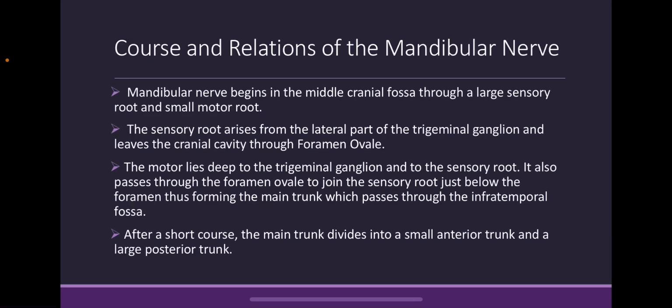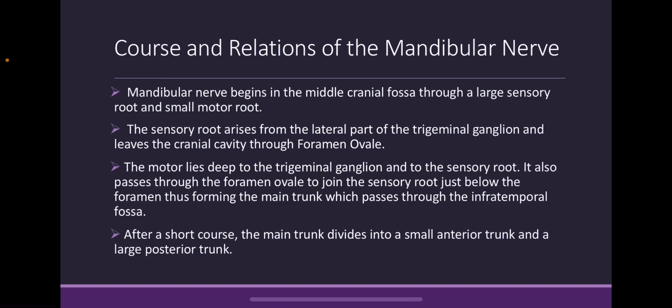Course and relations of the mandibular nerve. The mandibular nerve begins in the middle cranial fossa through a large sensory root and a small motor root. The sensory root arises from the lateral part of the trigeminal ganglion and leaves the cranial cavity through the foramen ovale. The motor root lies deep to the trigeminal ganglion and to the sensory root.